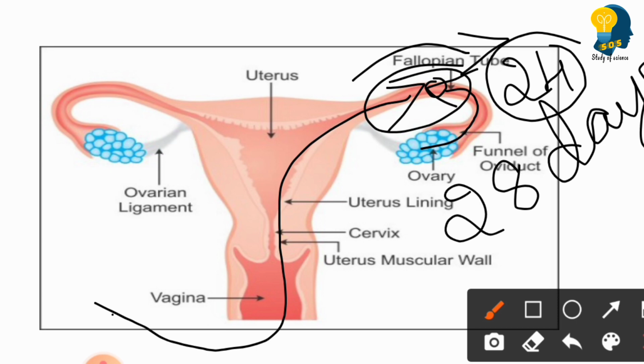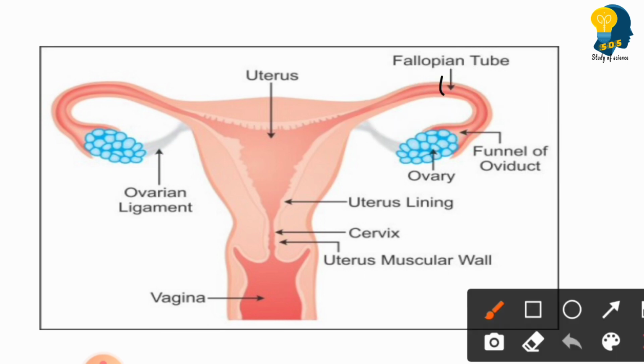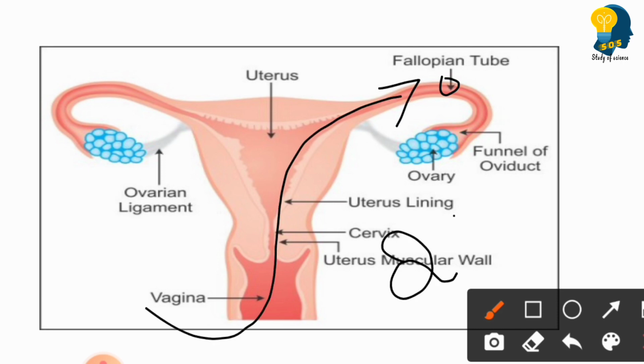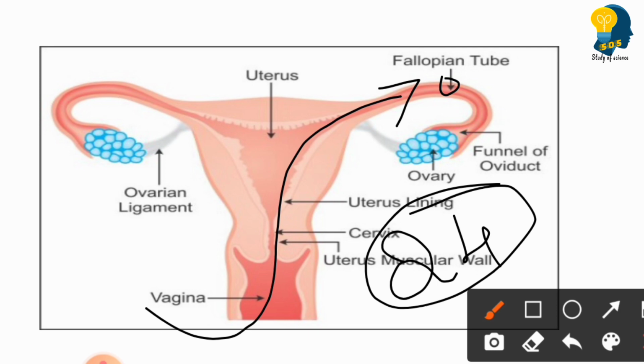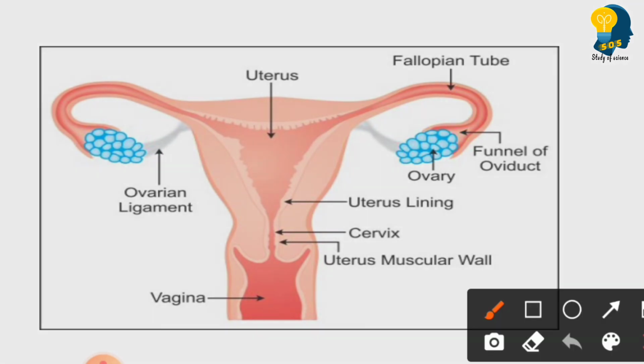Suppose the sperm does not meet the egg within 24 hours, then what happens? There will be no fertilization. Then what happens to this egg? It is now called an unfertilized egg because it is not coming in contact with the sperm. Correct?